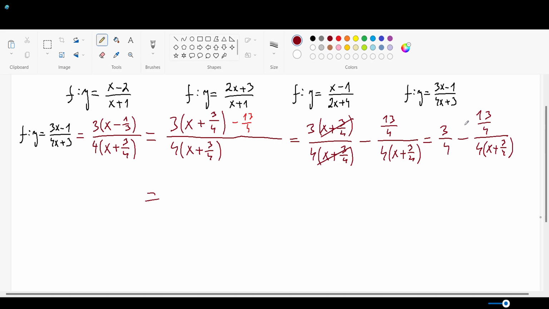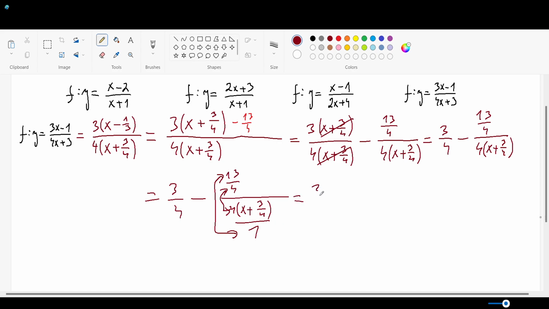So basically we can simplify this fraction: it's going to be 3/4, take away (13/4) over (4 times (x plus 3/4)) over 1, okay? This is a huge fraction, but you already know that this can be simplified this way, inner parts by inner parts and outer by outer.